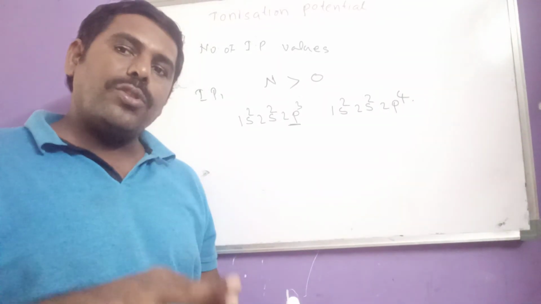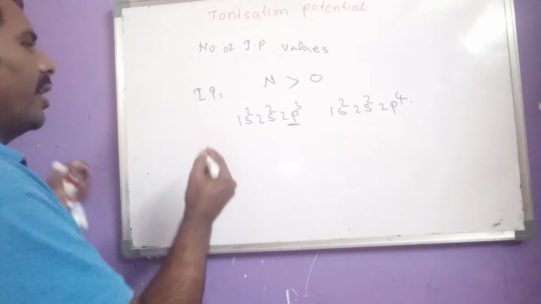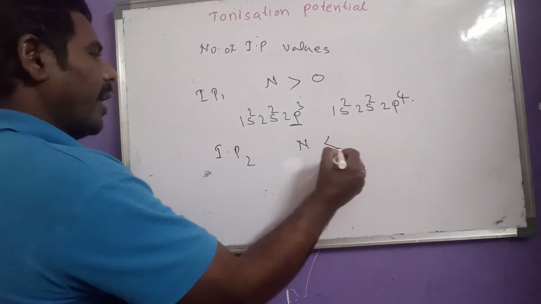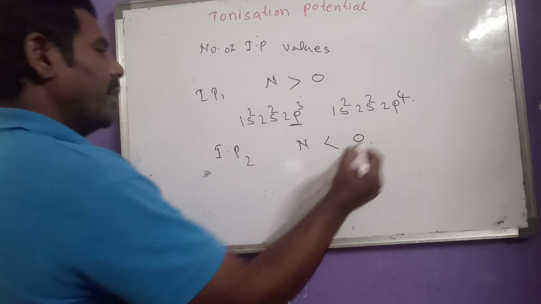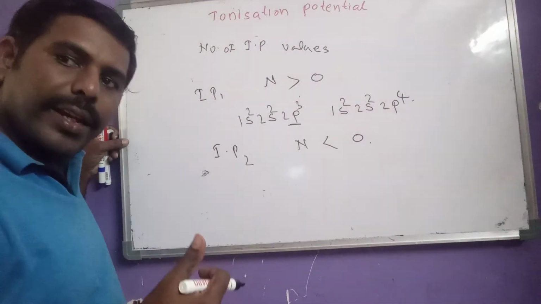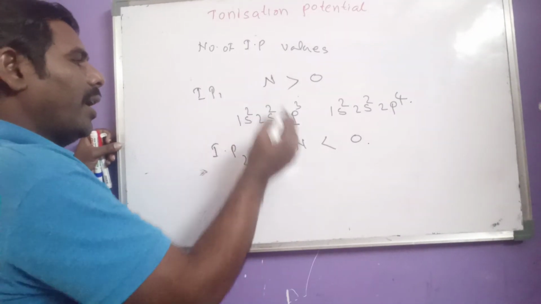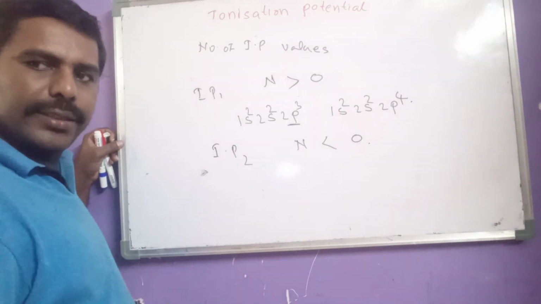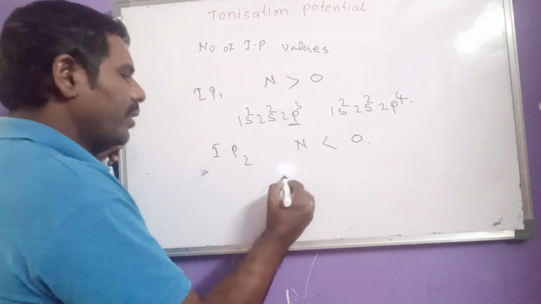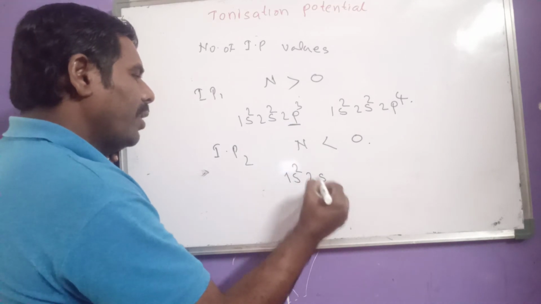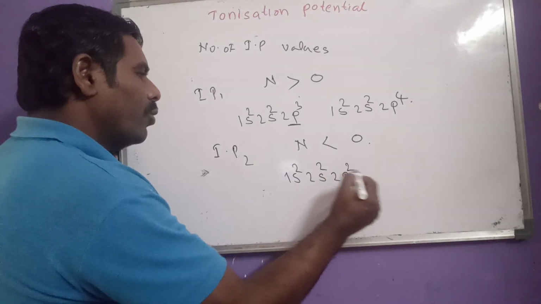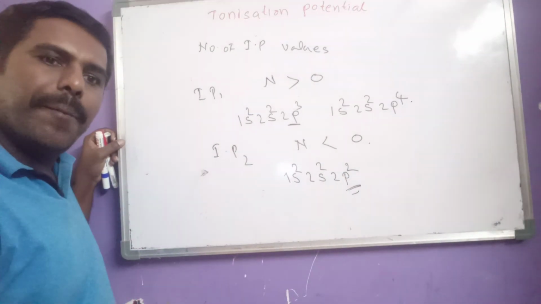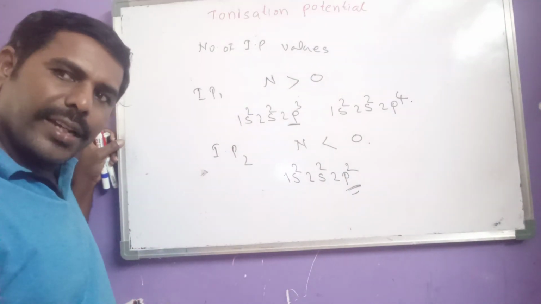But if you come to the second ionization potential, IP2, nitrogen IP2 is less than that of oxygen. Why? Because IP2 means one electron is already lost from nitrogen. Now the configuration becomes 1s2, 2s2, 2p2, which is an incomplete configuration.